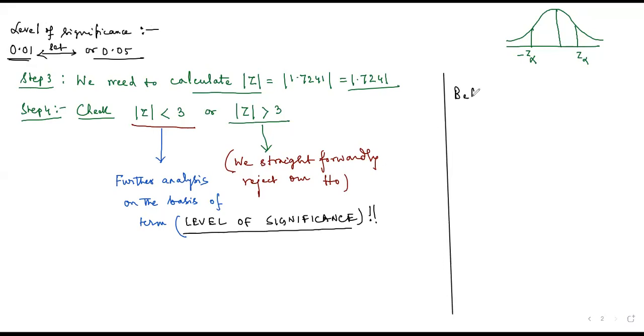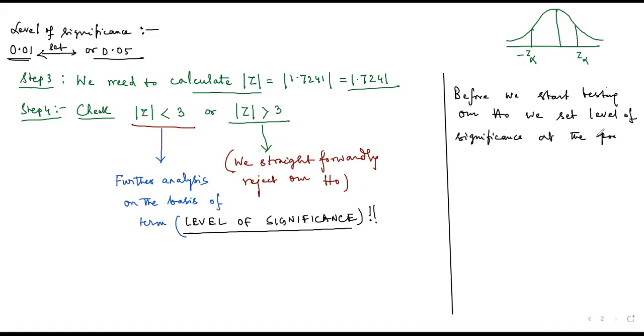Before we start testing our H0, we set level of significance at 0.01 and or at 0.05.